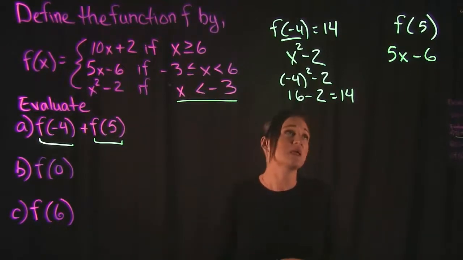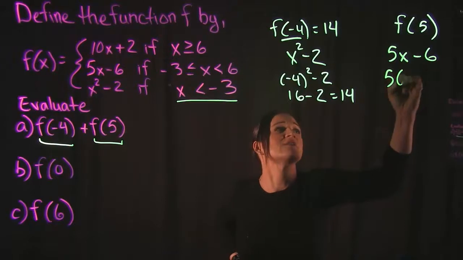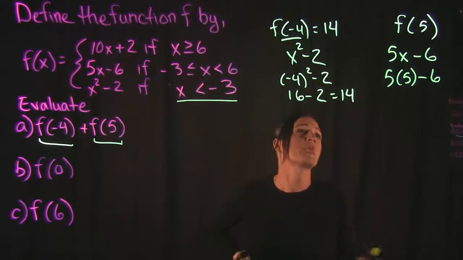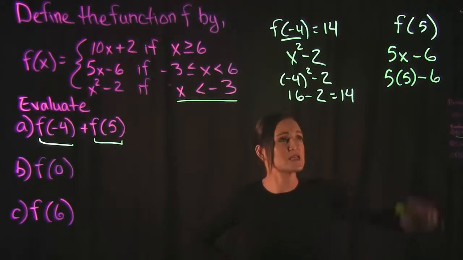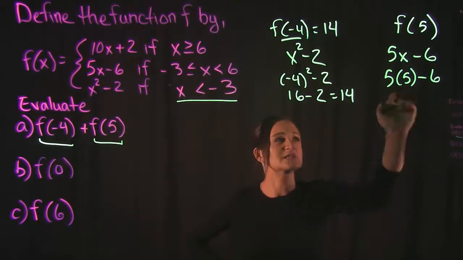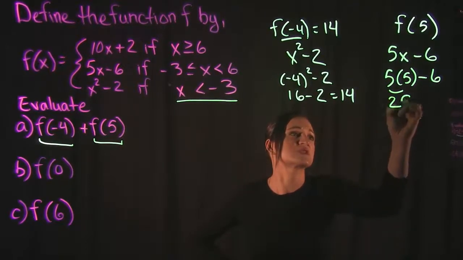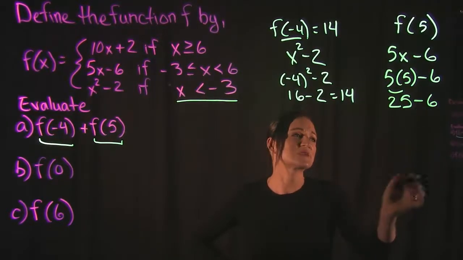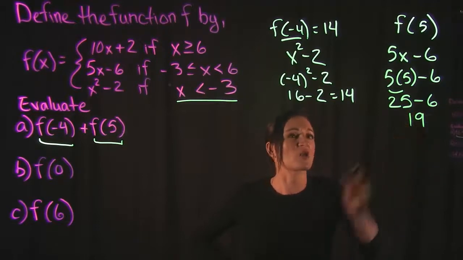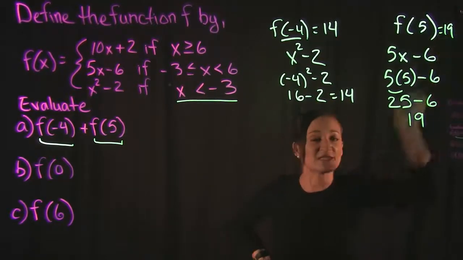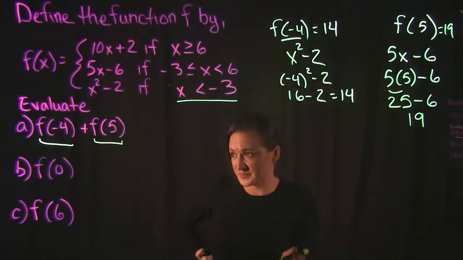We're evaluating, so we're going to take 5 and plug it in for every x in the function. Here we have 5x minus 6. We're plugging in 5 for x, which means we multiply before we subtract. 5 times 5 gives us 25. And when we subtract away that 6, we are left with 19. So f of 5 is equal to 19.